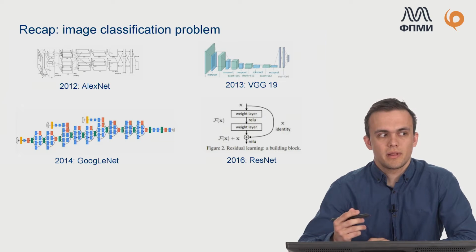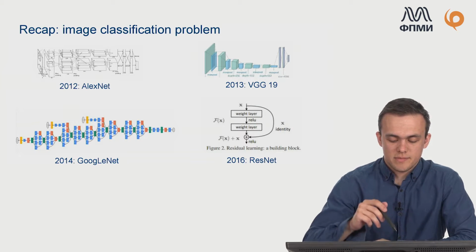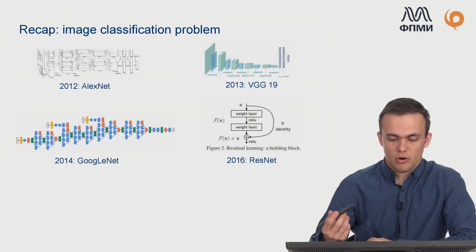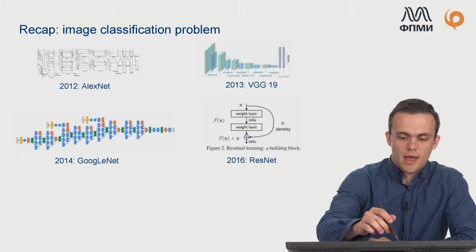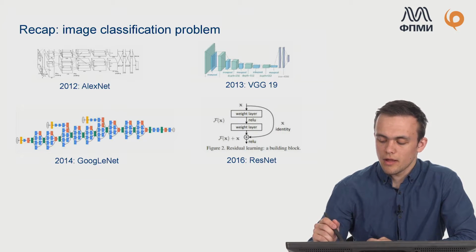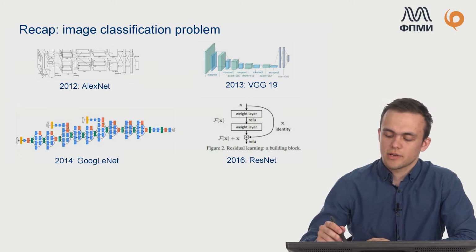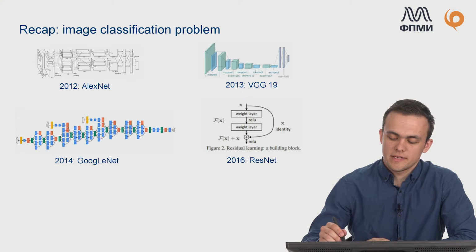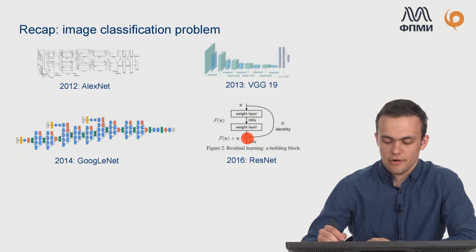So you are probably familiar with convolutions, and you can see that all these models are just becoming more complex and more deep. And in 2016, there was a really interesting idea from Facebook just to connect the output from the previous layer to the next layer.